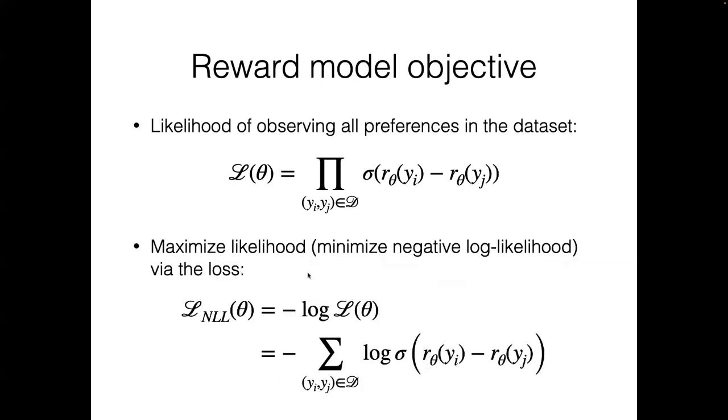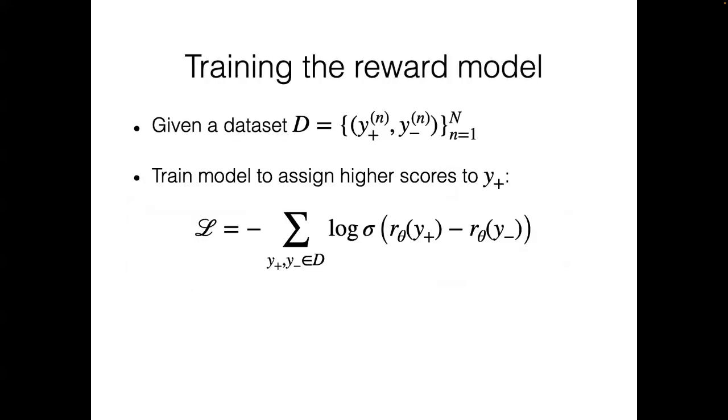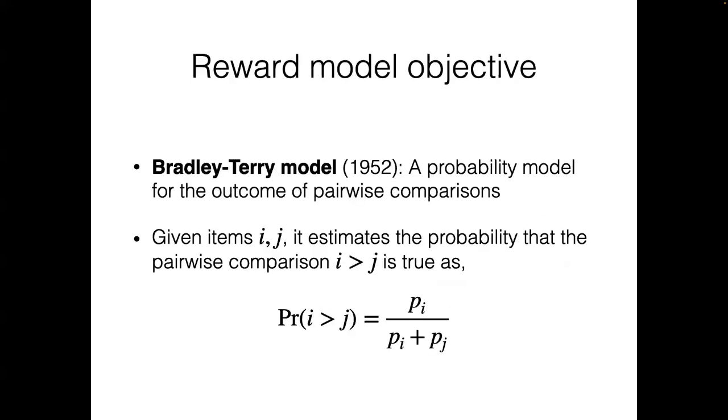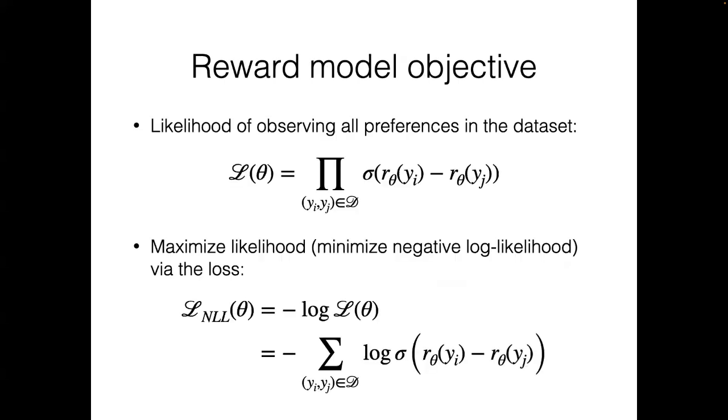And then to maximize, you can also minimize this negative log likelihood. And so just taking the log, you now get this. And if we go back here, this should be the exact loss function that we saw. So in summary, this loss function is finding the maximum likelihood solution under this Bradley-Terry model.